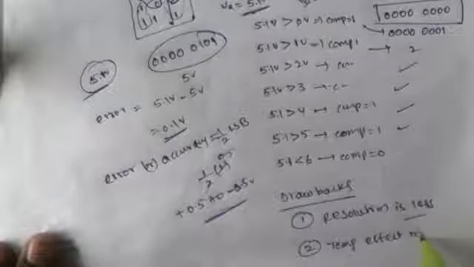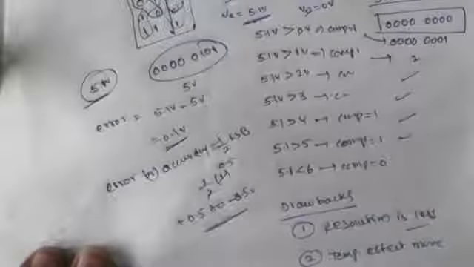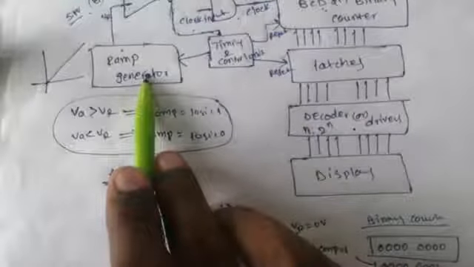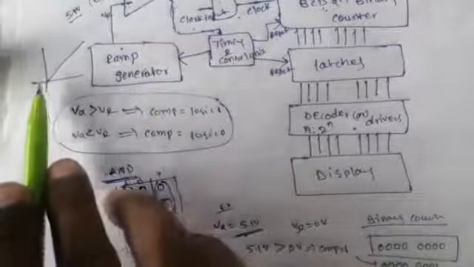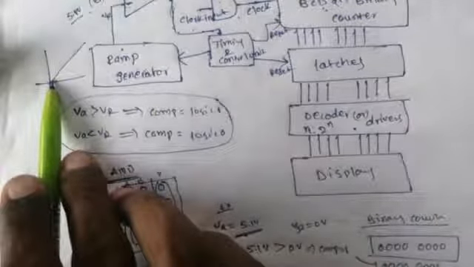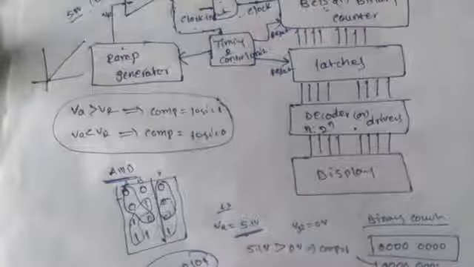The temperature effect is greater on the ramp generator, because the ramp generator is affected by temperature. When the temperature increases, it will not produce the ramp voltage exactly. Due to that, aging problems will also occur.